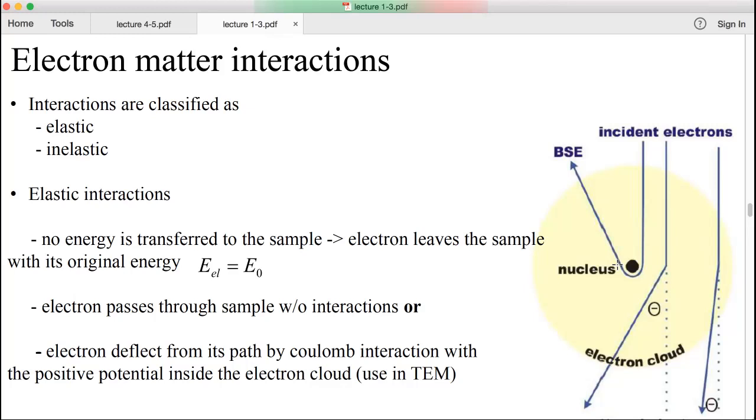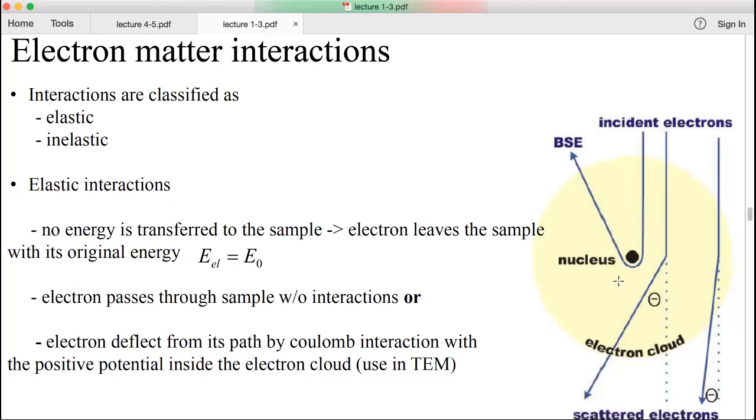The electron passes through the sample without any interaction. It just deviates from its original path slightly. And the electron is deflected from its path by Coulomb interaction with the positive potential inside the electron cloud, right? Okay.